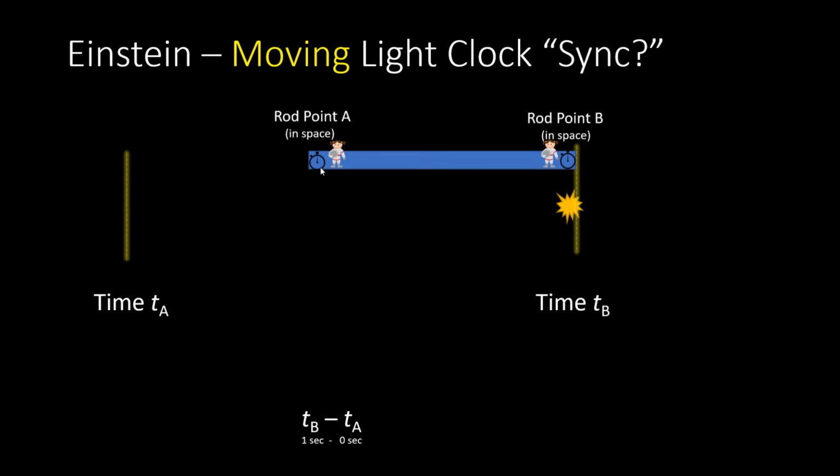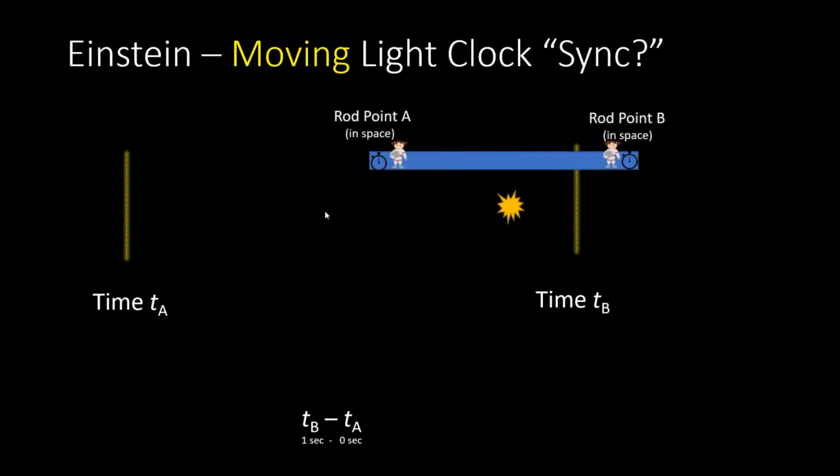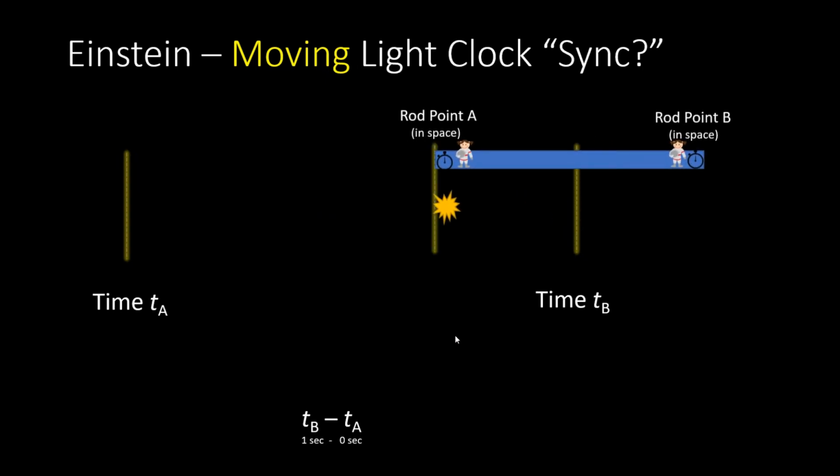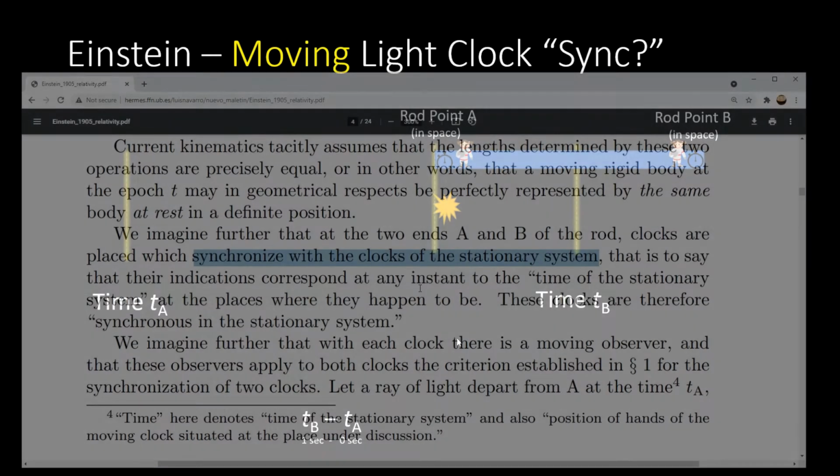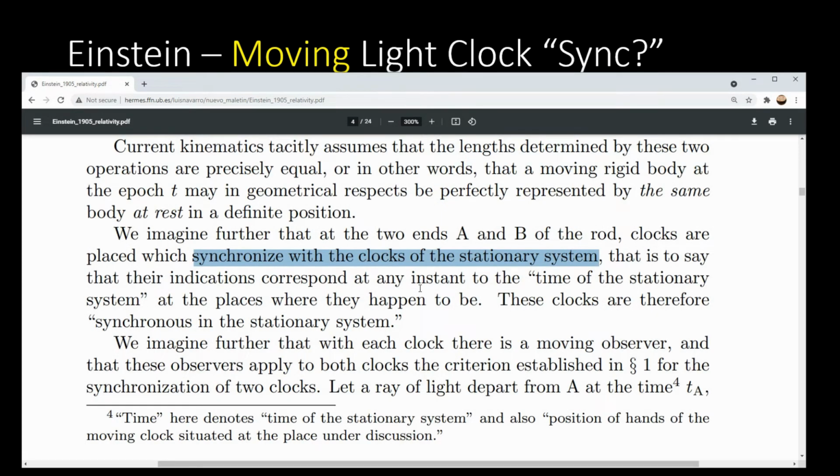But wait a second, we have moving clocks that are staying synchronous with stationary clocks. Moving clocks are supposed to slow in relativity, but these two moving clocks correspond at any instant to the time of the stationary system at the places where they happen to be.